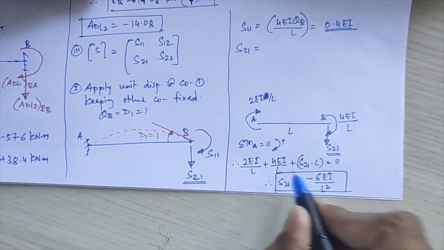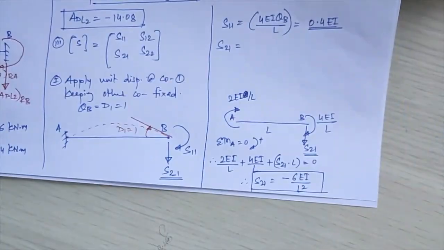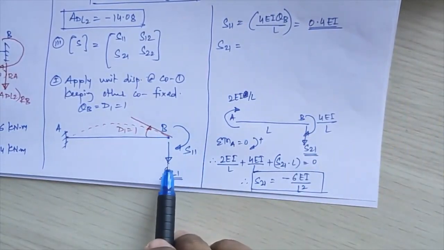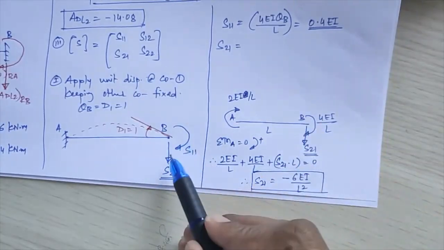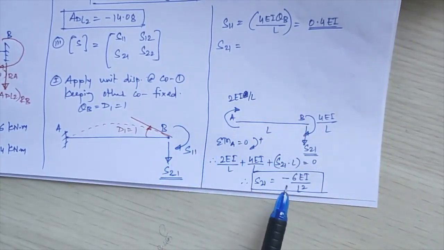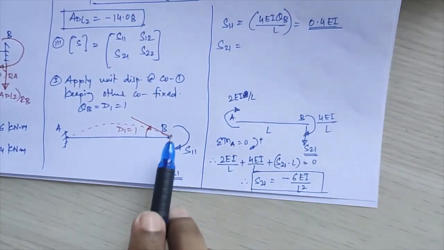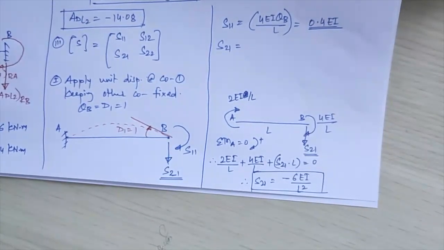So write one note from this: if you are applying theta is equal to 1 and you are asked to calculate the force value, that force value is always equal to minus 6EI upon L square. The condition is that your theta must be clockwise in nature.